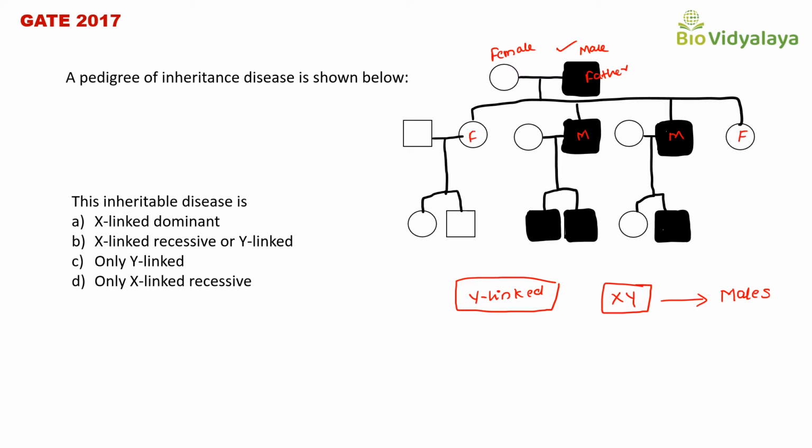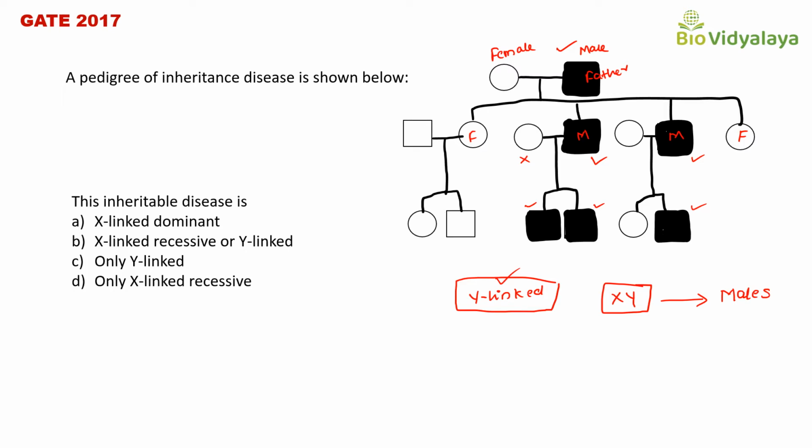Here also this father is affected but the mother is not affected, yet all his sons are affected. Here also this father is affected, and his son is also affected. That's why we can confirm that this is a Y-linked trait.